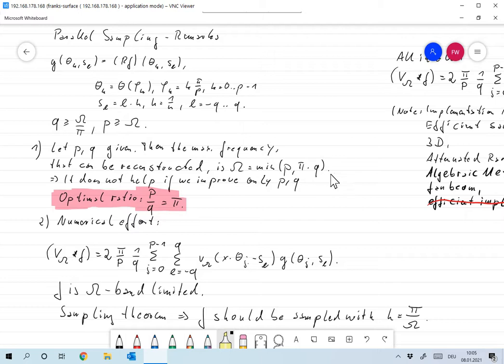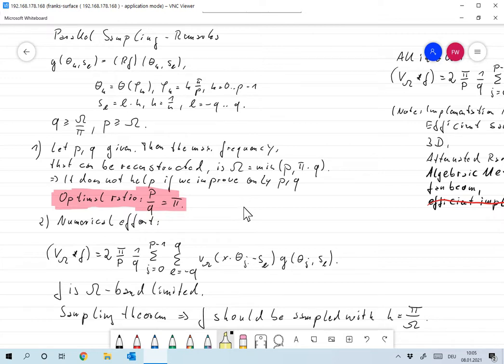On the other hand, if we raise the number of sensors, if we measure more exactly, then that doesn't help if we do not at the same time increase the number of directions from which we look onto the object. So obviously, these two should be tied together, and we should have the optimal ratio P over Q equal to pi.